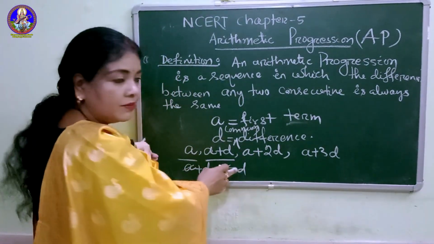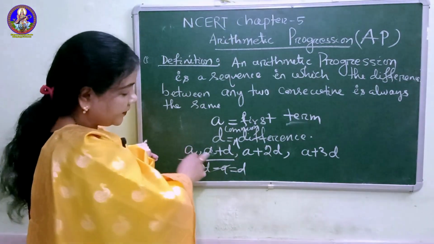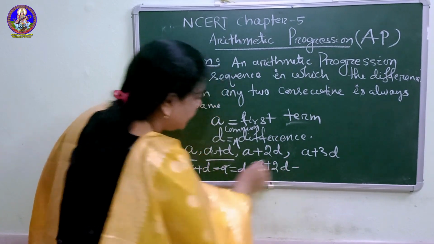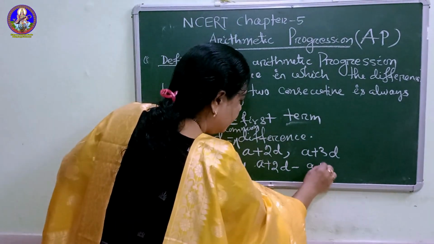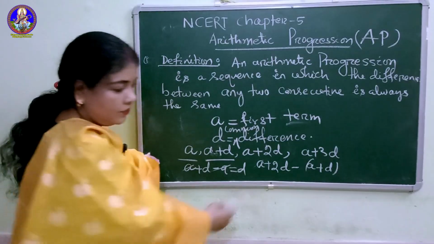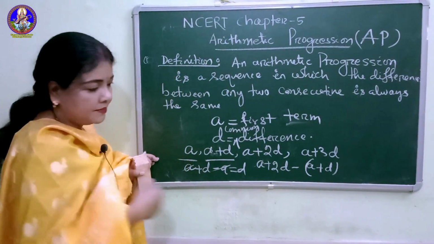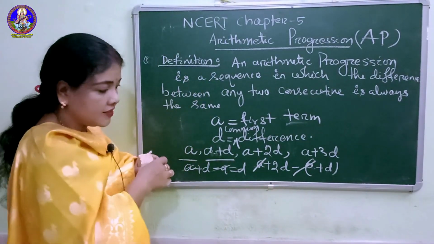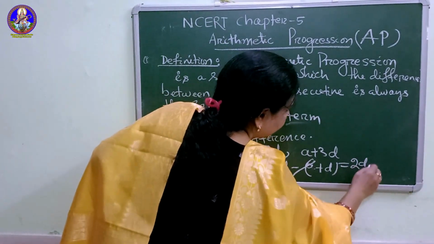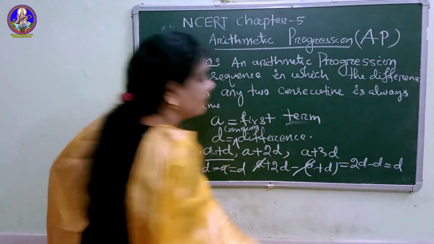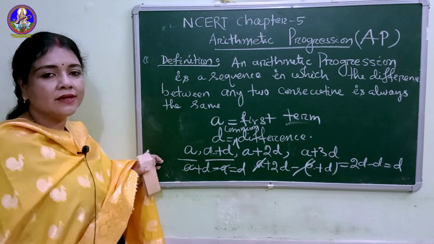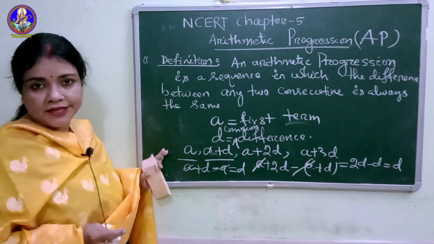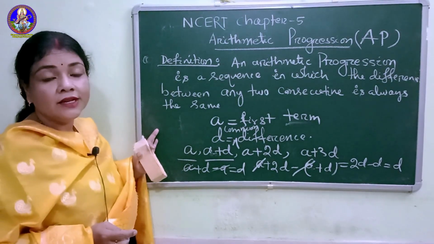Similarly, if you subtract the second term from the third term, that means A plus 2D minus A plus D. If you open the bracket, it becomes minus A, minus D. A and minus A cancel, and 2D minus D is equal to D. Now see, in both cases the difference is D. That means D is the common difference. If such a situation happens, it is known as arithmetic progression.